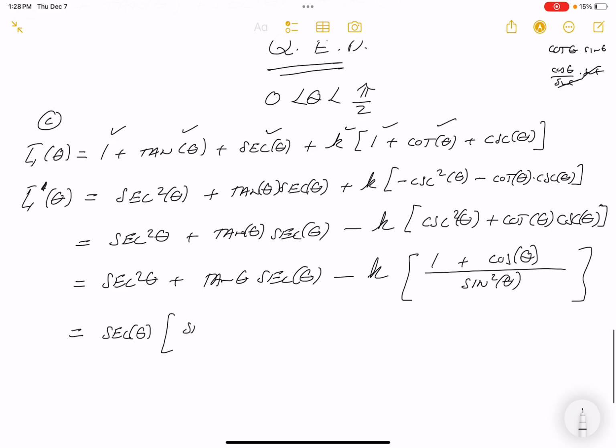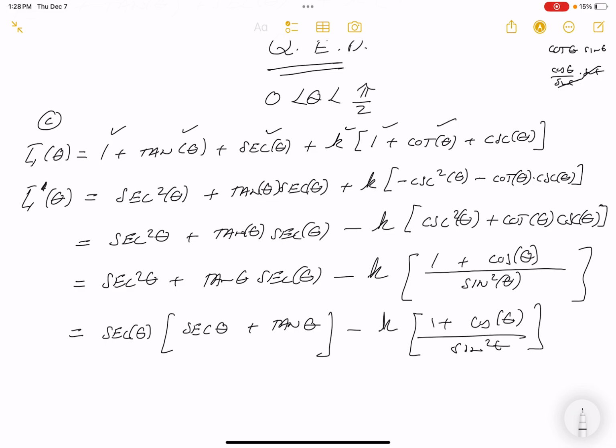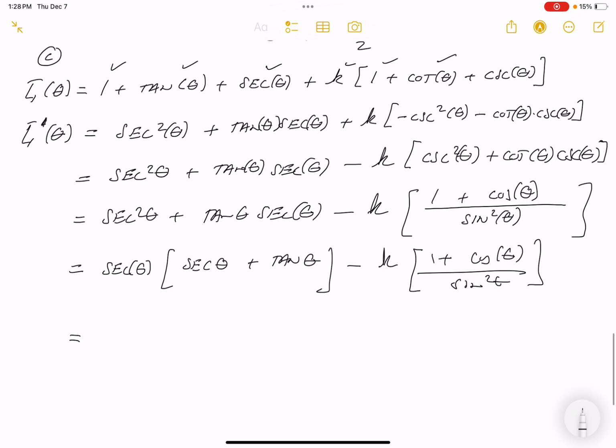And you're left with secant theta plus tan theta minus K, (1 plus cosine theta) over sine squared theta. Let's see if that goes anywhere. All right, so secant theta, let's see, that's 1 over cosine.